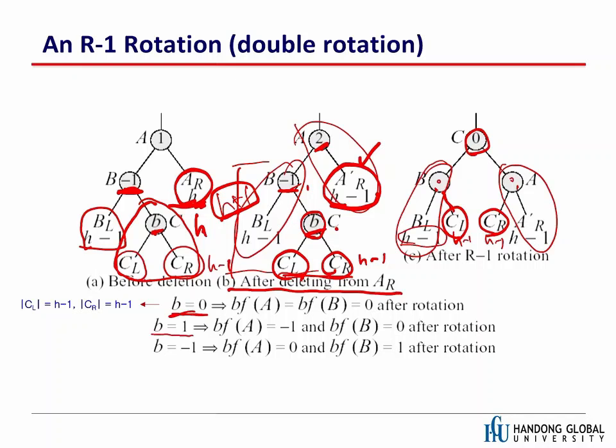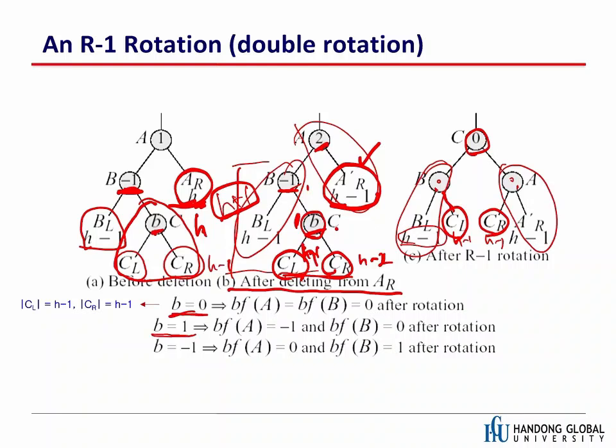Then next, if B is 1, B is 1 means the left subtree is longer than the right subtree. And then this one is H minus 1 and CR should be H minus 2. We cannot have H here. And the maximum of this one should be H minus 1.